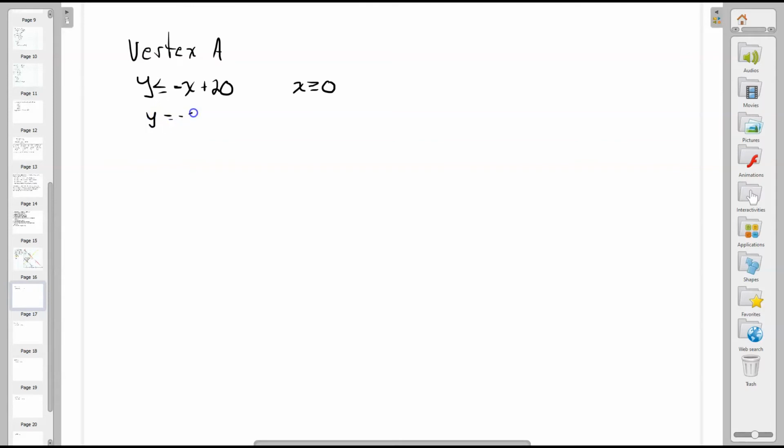So y equals negative x plus 20 and x equals 0. The way it's set up, we've got numbers that are good for substitution. So y is equal to 0 plus 20. So vertex A is 0, 20.